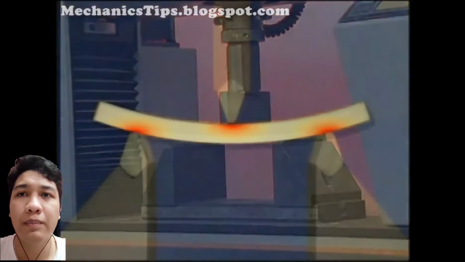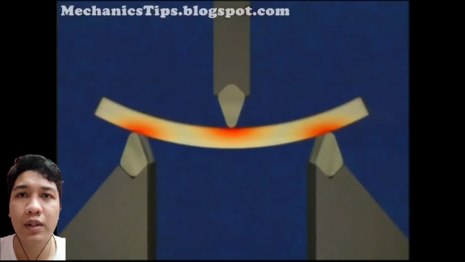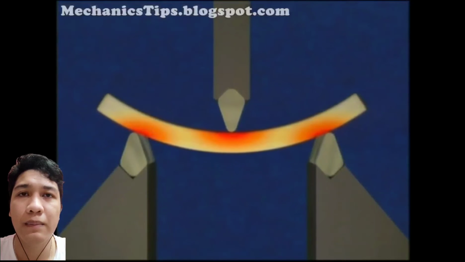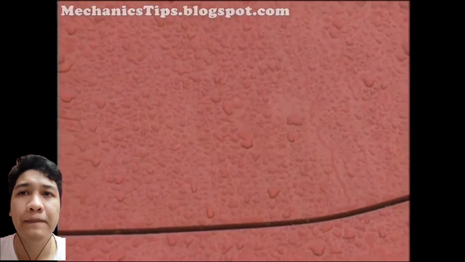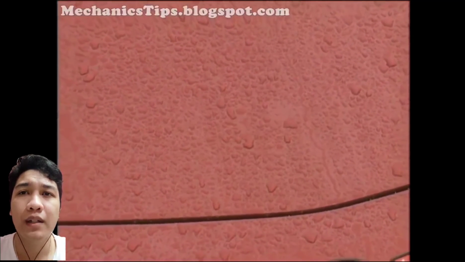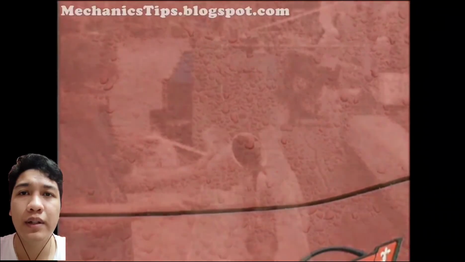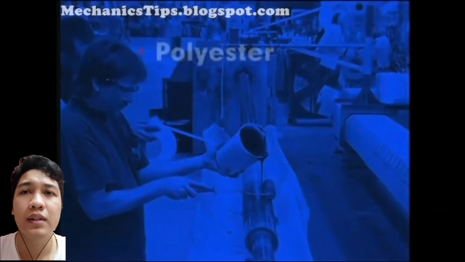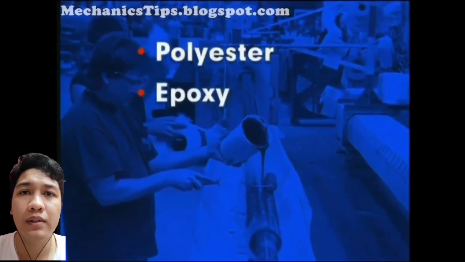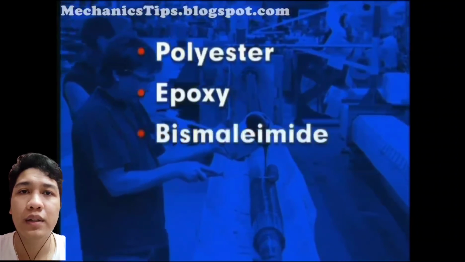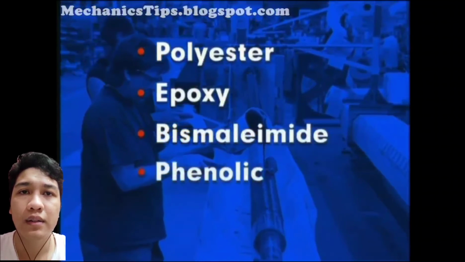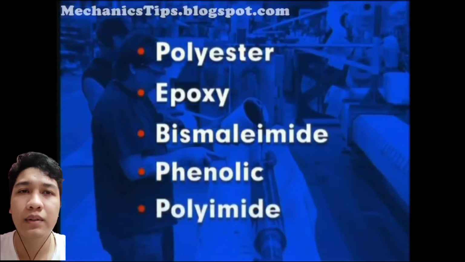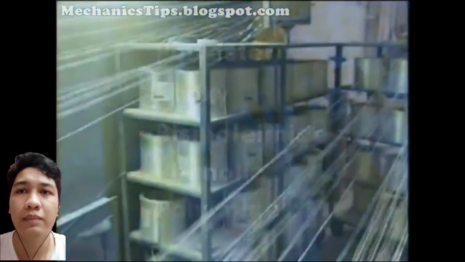The primary purpose of the matrix is to transfer the load or stress applied to the composite to the reinforcement. The matrix also protects the reinforcement from adverse environmental effects. Some of the primary matrix materials include polyester, epoxy, bismaleimide, phenolic, and polyimide.